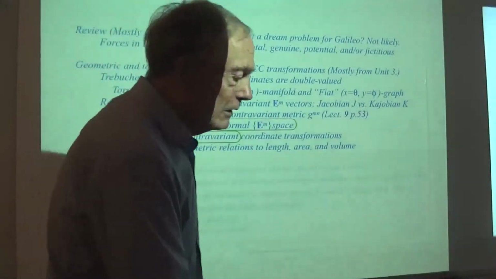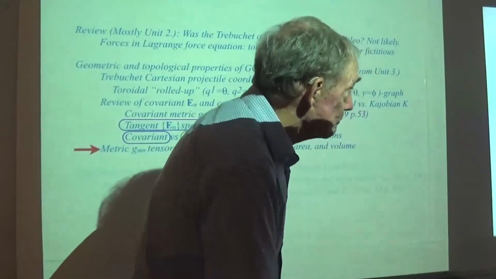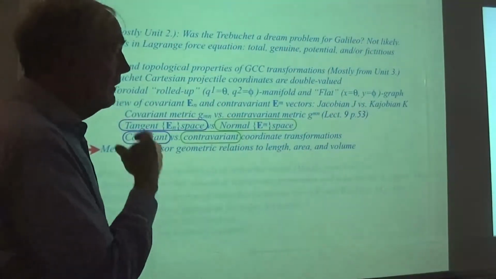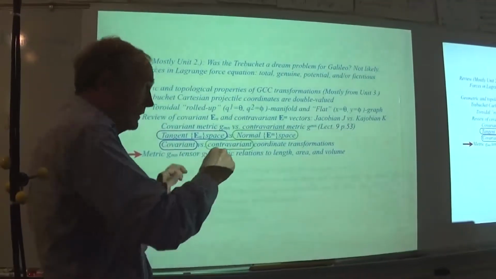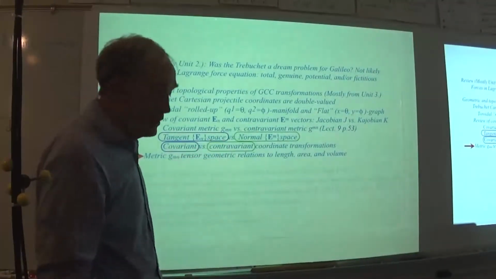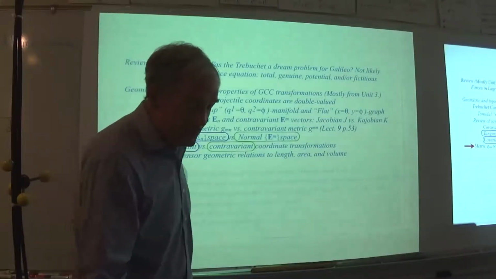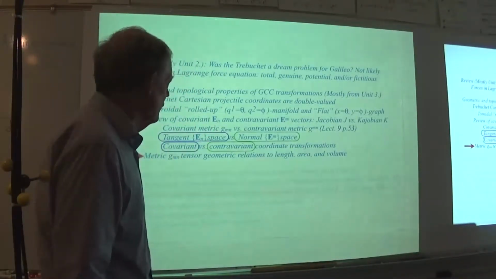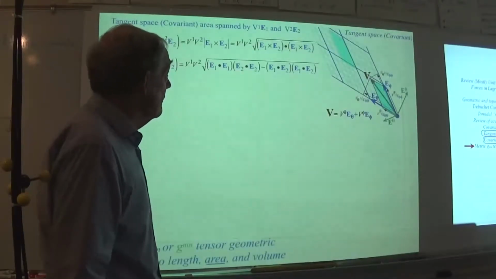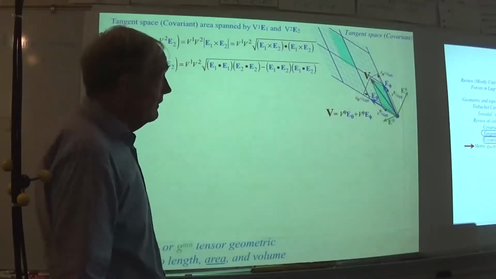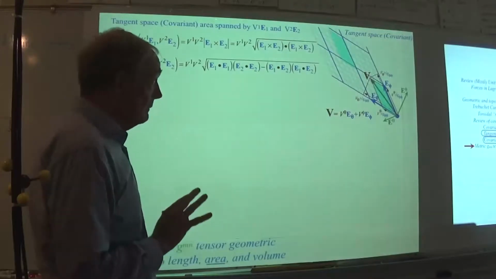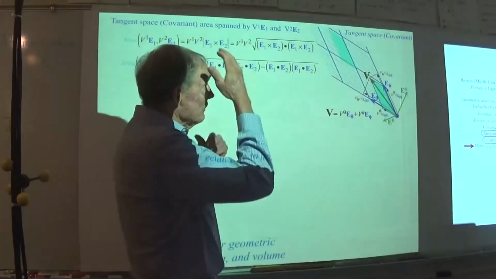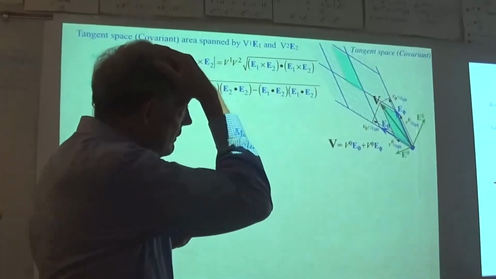Okay, the next thing here I want to point out is that most of what we've been doing here has to do with making relationships between vectors, which are just lines. But certainly in relativity, but any sort of physics that you would be using this for, it's really important to realize that area is a key concept here. So how do we make a connection to area, say for the tangent covariant space?